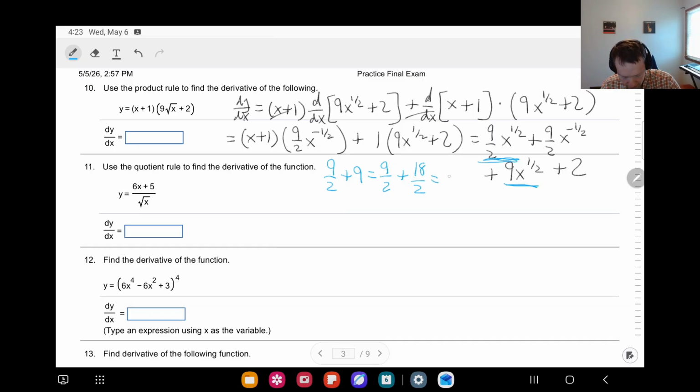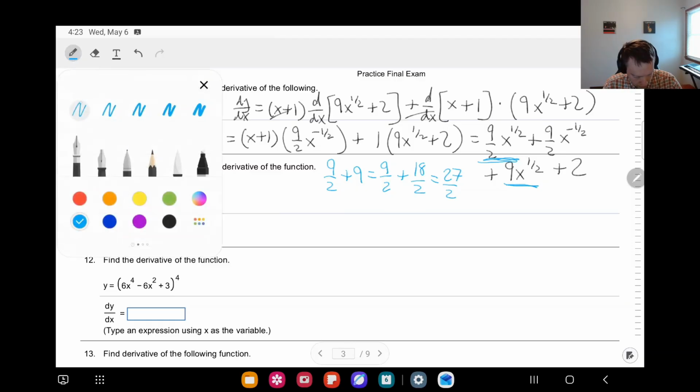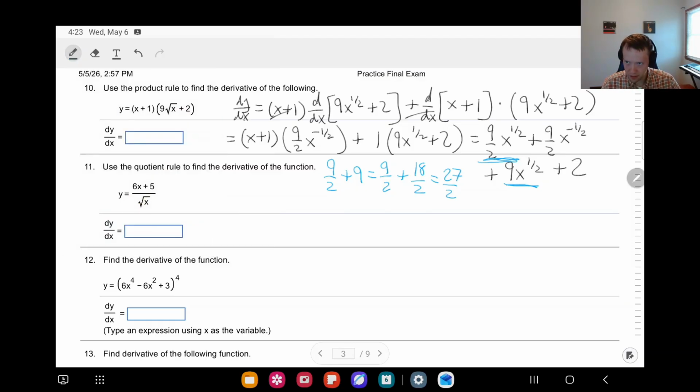And then 18 plus 9 in the numerator gives us 27. 27 over 2. So I'll probably end up erasing most of this stuff to save room, but our answer is 27 halves x to the 1 half.